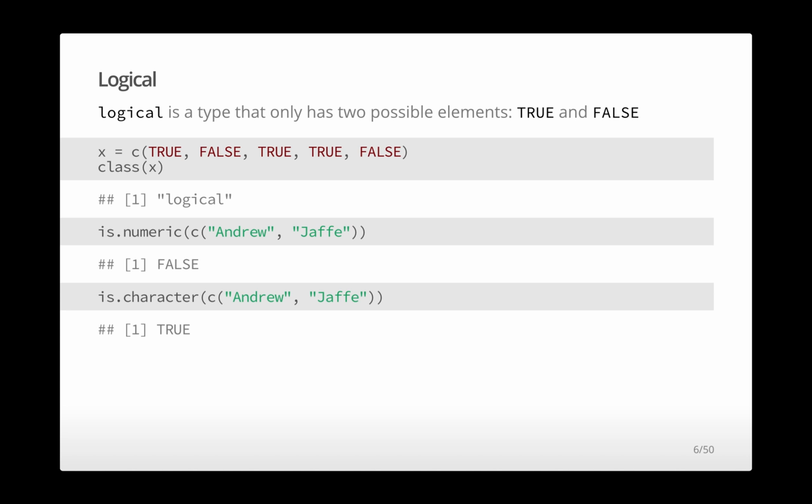There are functions that allow you to test whether something is a specific data type. The is. family is the general function. is.numeric says, is this a numeric vector? It'll come up TRUE if it's numeric, FALSE otherwise.